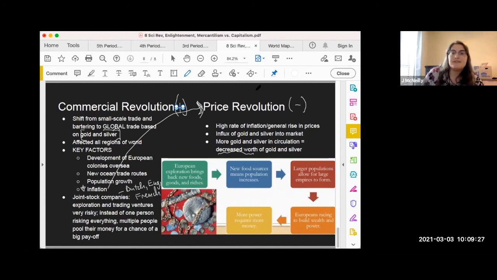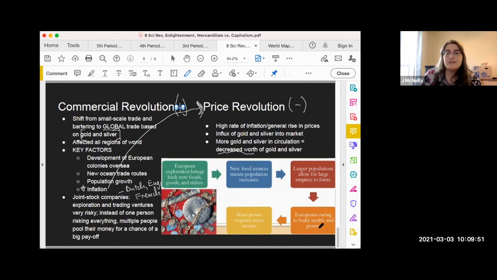So the price revolution is going to increase inflation in the New World. And that's where we see this cycle begin. European exploration brought in new stuff, including money. Some of that new stuff, like food, led to an increase in population. As a result of the larger population, we have larger empires.